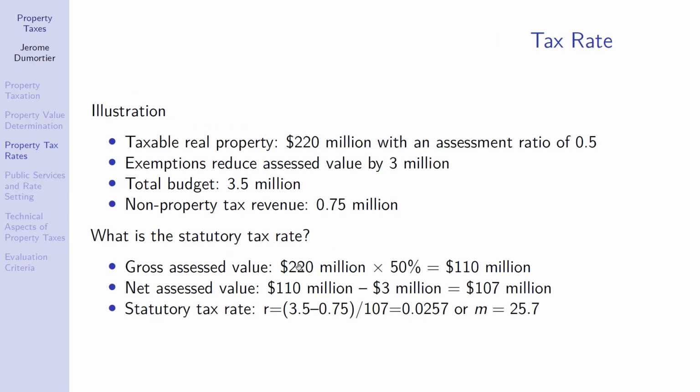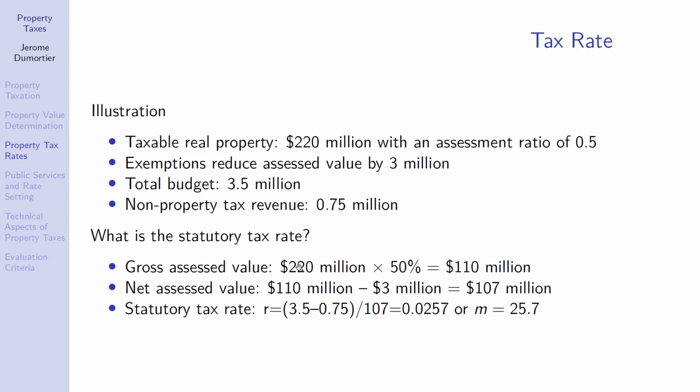So here we have now an example of how this would actually work, also based on the formula about the non-property tax revenue. Imagine that you have a particular jurisdiction and they have $220 million of assets, of market value, which is the market value of the homes.